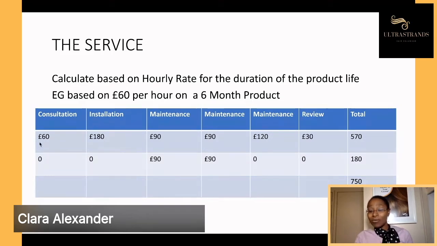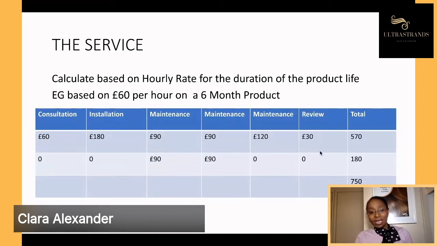Remember that 570 includes the consultation, the installation, the 2 maintenances, the 3rd takeoff and put on, and the review. And the review could be at any point. Sometimes it's directly after installation, maybe 2 weeks after, you do a review. Sometimes it's at the end of the 3 months, and sometimes it's in between. But that cost is captured anyway.